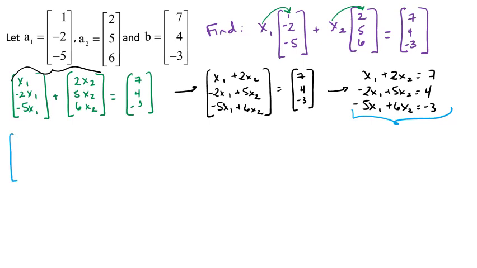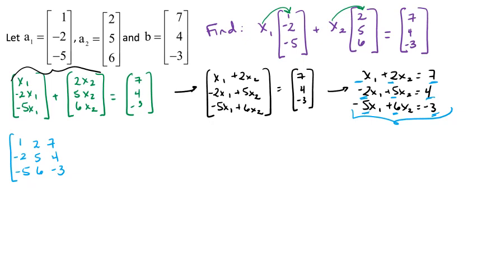I'll simply take the coefficients and what they're equal to and write that as a matrix. So that will be 1, 2, 7, negative 2, 5, 4, negative 5, 6, and negative 3.